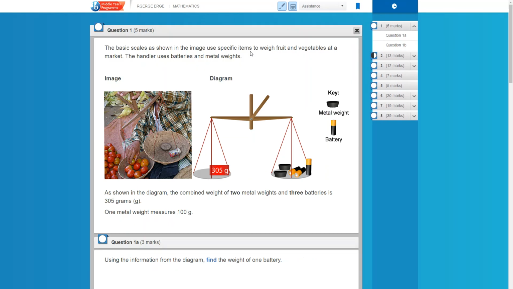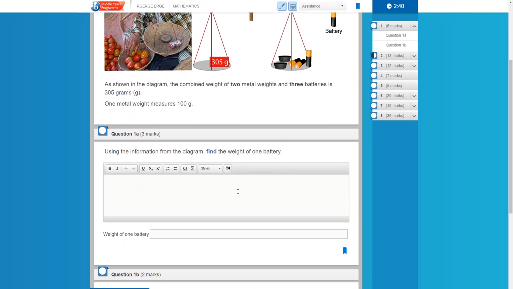Looking at the first question, basic scales are shown. We've got 2 metal weights and 3 batteries is 305, and 1 metal weight weighs 100. So I've got 2 metal weights, each weighing 100, so that's 200, plus 3 batteries is equal to 305.